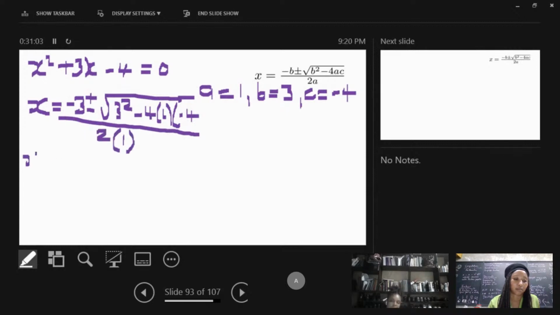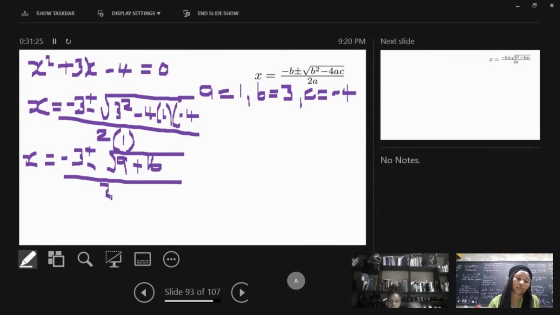So the 3 squared is 9, and minus 4 times 1 times negative 4, and negative 4 times negative 4 is positive 16, so it would be plus 16, all over 2.